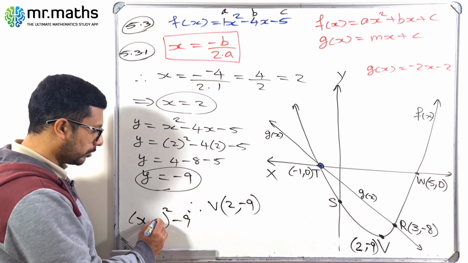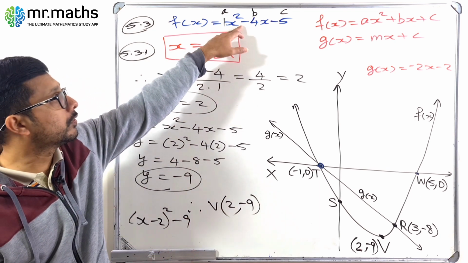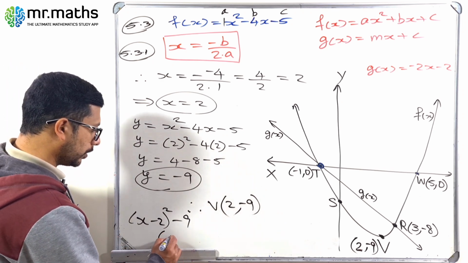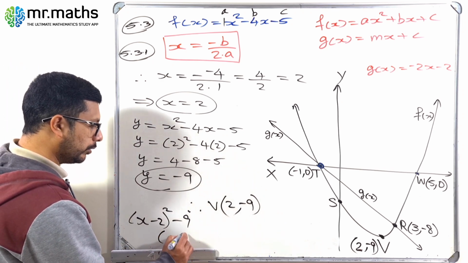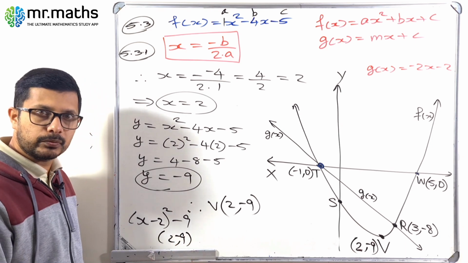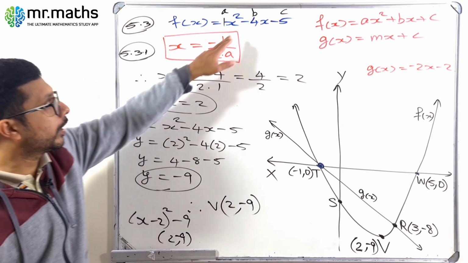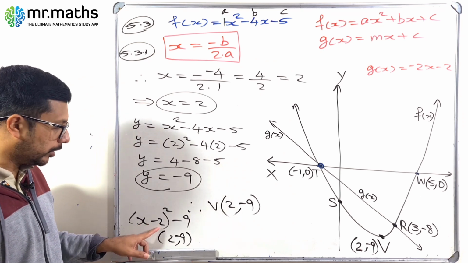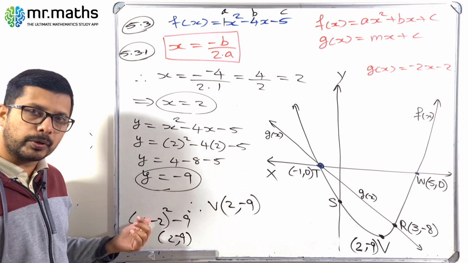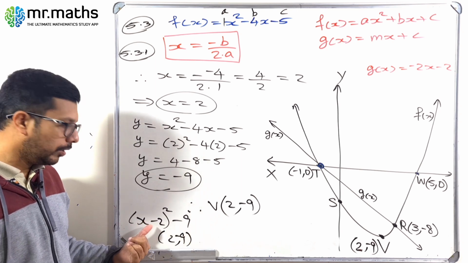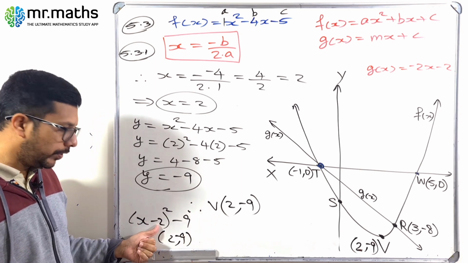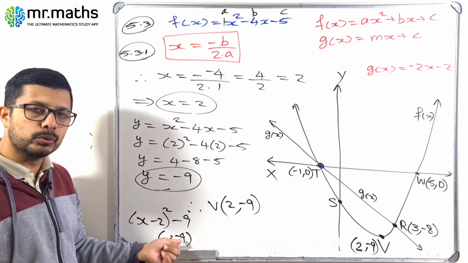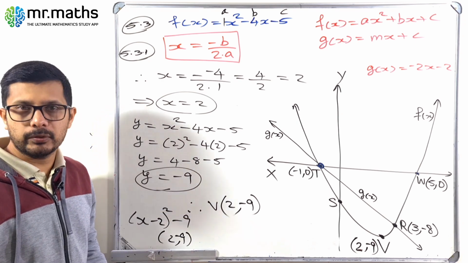If you convert it into this format, it becomes x minus 2 the whole square minus 9. Then from this equation, the turning point is 2 comma minus 9. If here it is minus 2, you write positive 2, and the other as it is. So 2 comma minus 9.